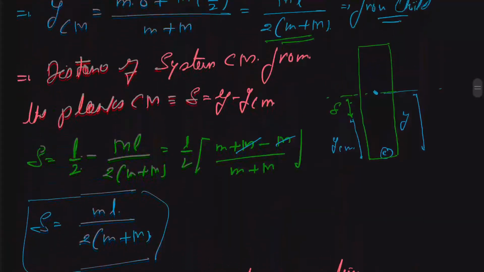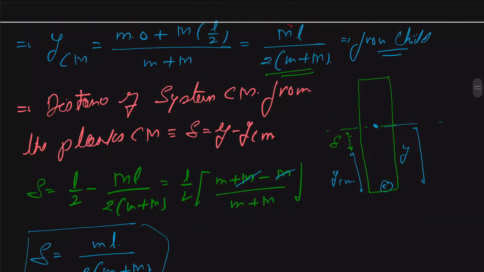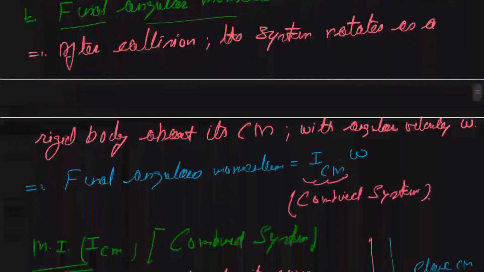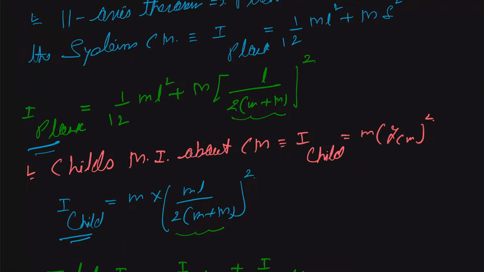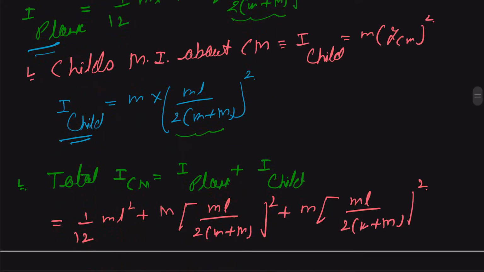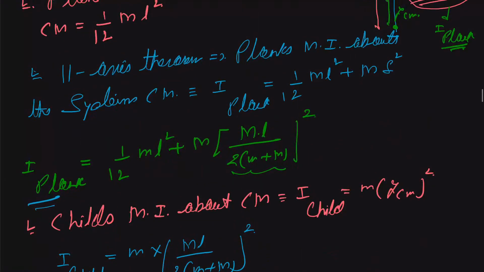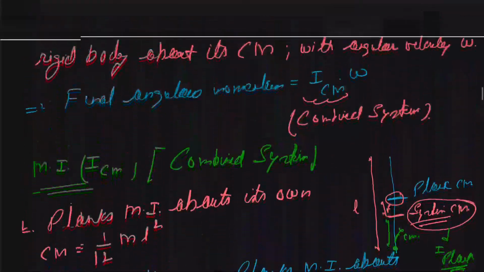YCM was our capital M, so this comes as our capital M, and here also capital M, and sorry, that is our delta.